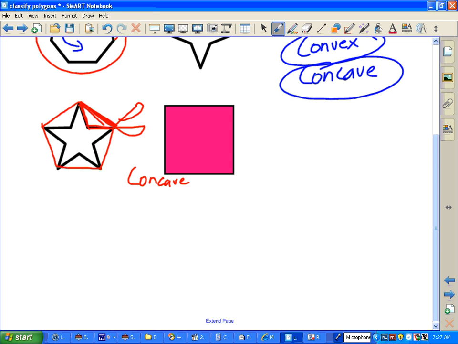So that is concave. But if I do it to this square, if I string a string tight around here, that string is always going to be touching the sides, correct? Always. So then it is convex. Two different ways to think of it, but figures can either be convex or concave. And those are two ways to think about whether they are convex or concave.